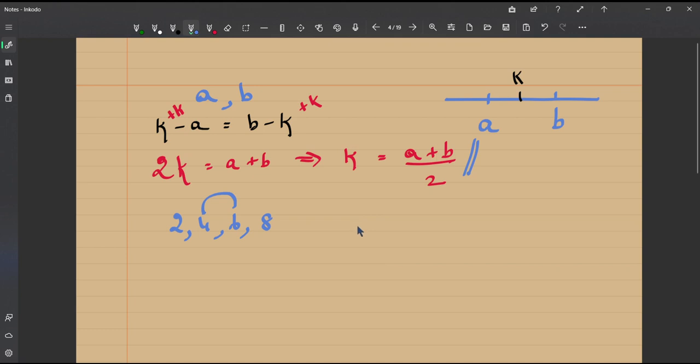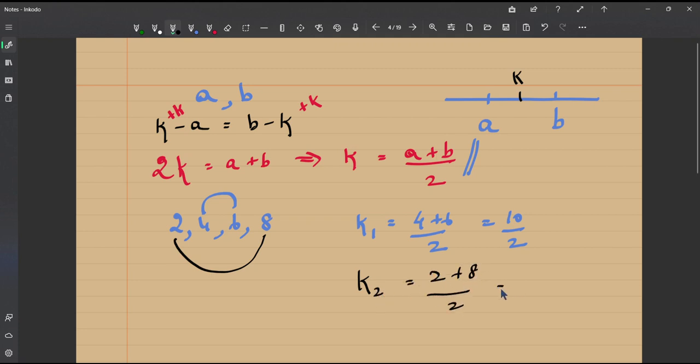Using this, a middle value k1 would be equal to (4 plus 6) by 2, right? Or 10 by 2. And can you find the middle value of 2 and 8, the first and the last term of this arithmetic progression? If I call it k2, it would be (2 plus 8) by 2, right? And this is also equal to 10 by 2.